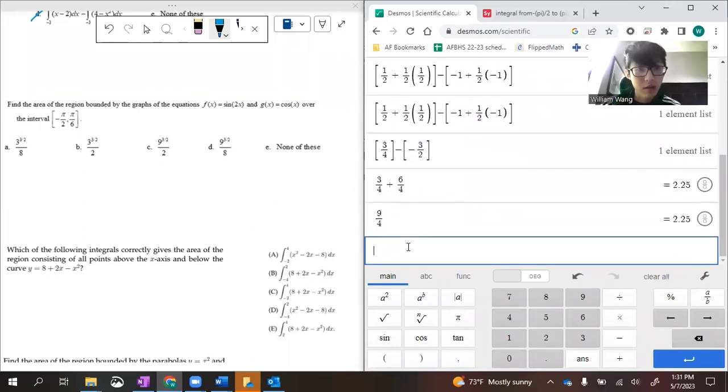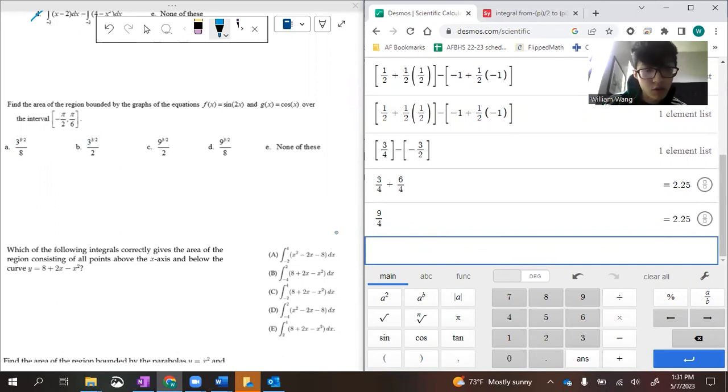I don't know exactly why they wrote the answer choices like this, which is really sort of annoying, but the one that's equivalent to 9 over 4, I believe is C. Let me see. Actually, here, I'm going to rewrite some of these.